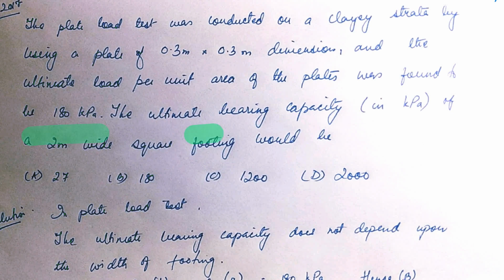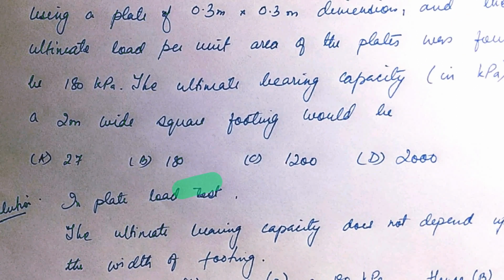The allowable bearing capacity in kPa of a 2 meter wide square footing would be? Four options are given to you: 27, 180, 1200 and 2000.